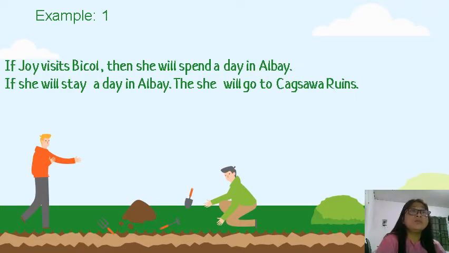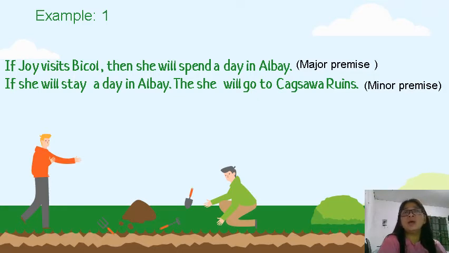If Joy visits Bicol, then she will spend a day in Albay. If she will stay a day in Albay, then she will go to Cagsawa ruins. So we have two premises here. We have the major premise, which is if Joy visits Bicol, then she will spend a day in Albay.